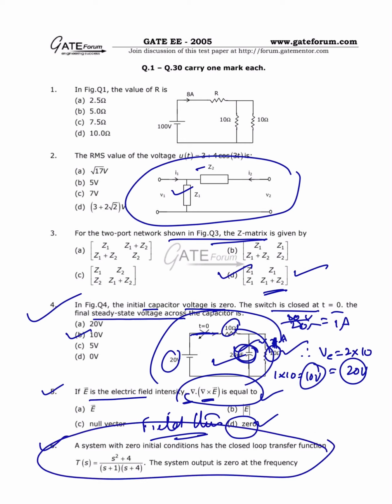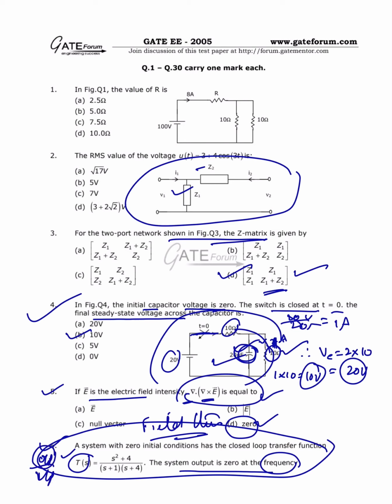this comes to maybe control systems but are circuits. You can calculate easily because this system output is 0 at what frequency? System output is 0 at what frequency means, what is this T(S)? Transfer function. What is transfer function? Output quantity by input quantity.